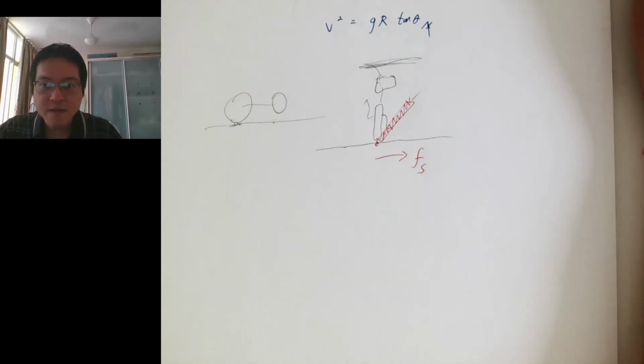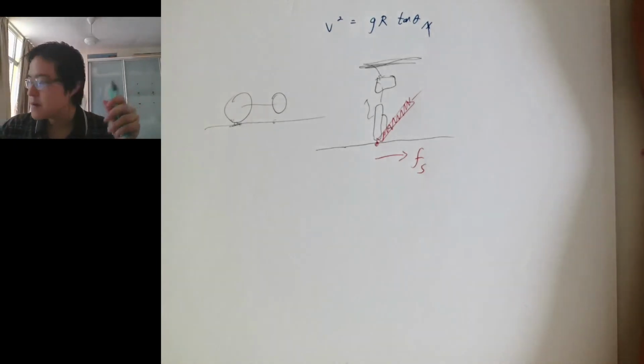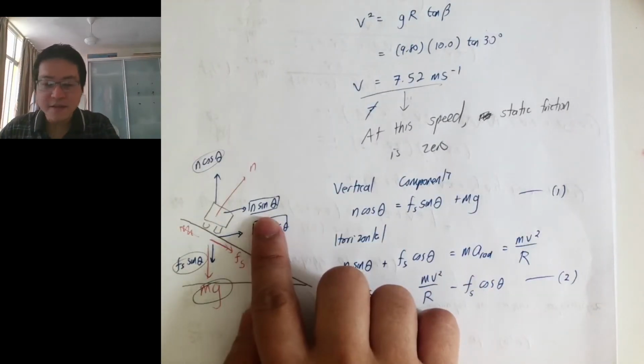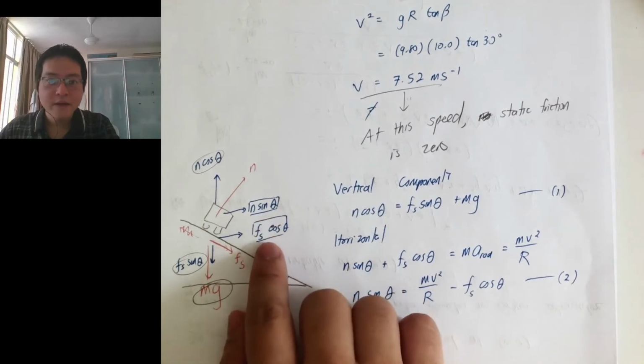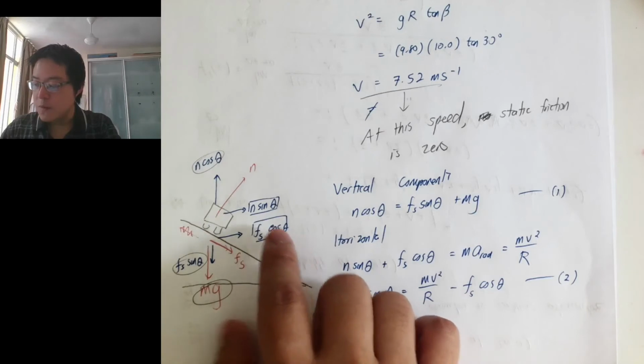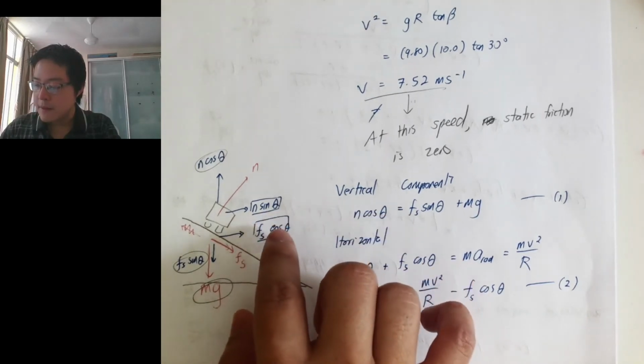So n sine theta, n cos theta. I think I'll look at it later, right? So the force. So this is n sine theta, okay, and then it's the same as just now, right? So hang on, why is it wrong?